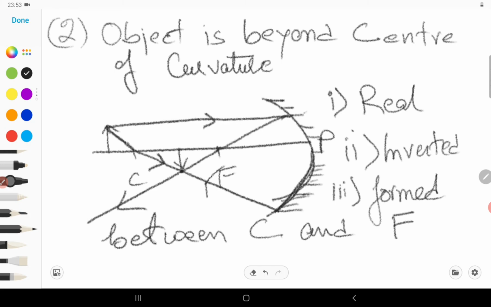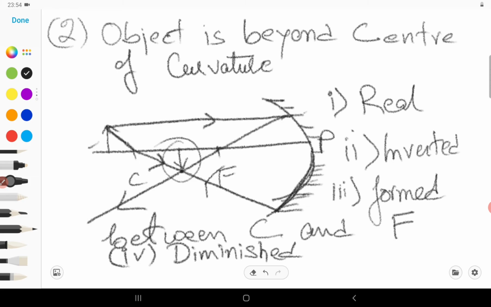This is point number 3. We could have written the size also, but I am writing it in number 4. The sequence does not matter, right? Number 4 will be the size. Obviously you can see it is small compared to this, so you have to write the word diminished, D-I-M-I-N-I-S-H-E-D. So this is the ray diagram and the nature of the image formed for the second case.